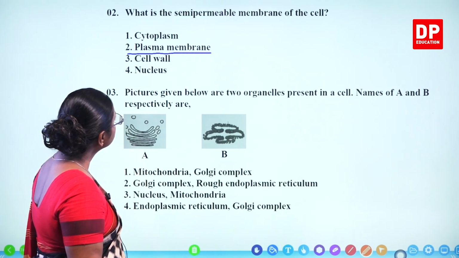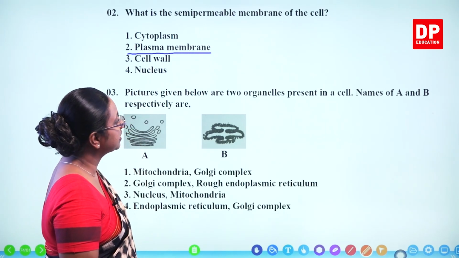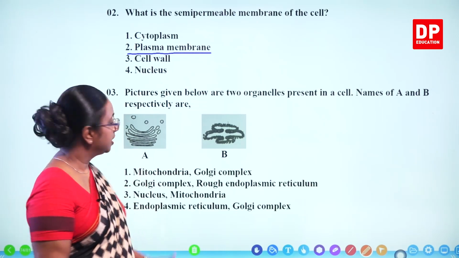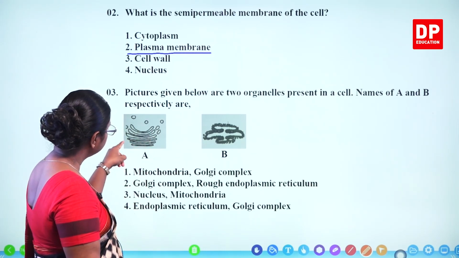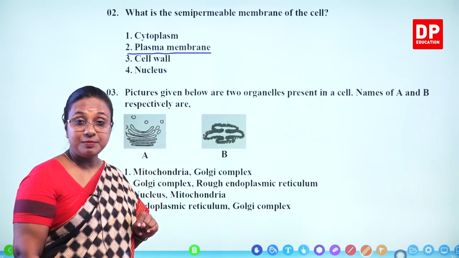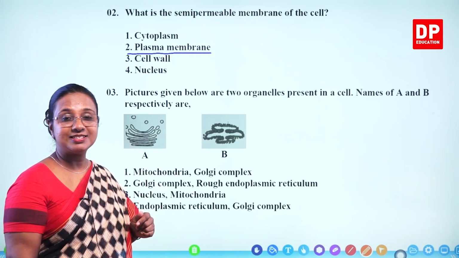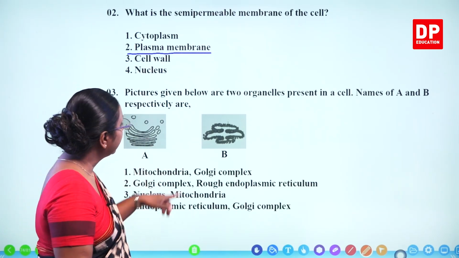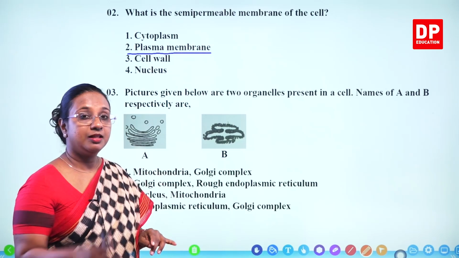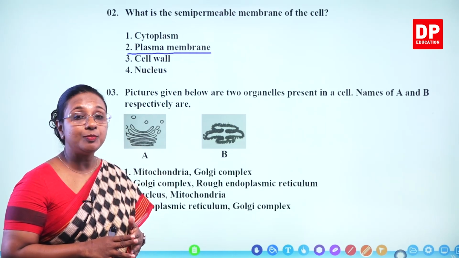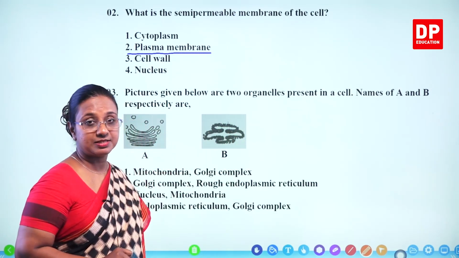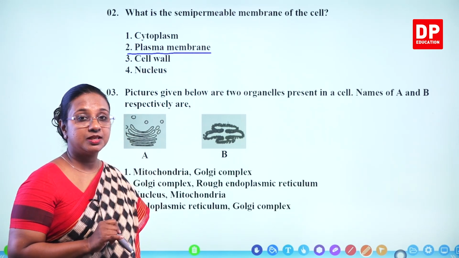Third one. Pictures given below are two organelles present in a cell. Names of A and B respectively are. First one, you can see these membrane-bound sacs and the vesicles. So immediately you can identify it as the Golgi complex. And here you can see a network of membrane. Then you know it is the endoplasmic reticulum. But you have to look at the surface. Does it have ribosomes?